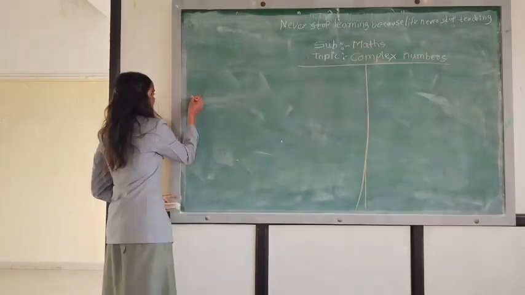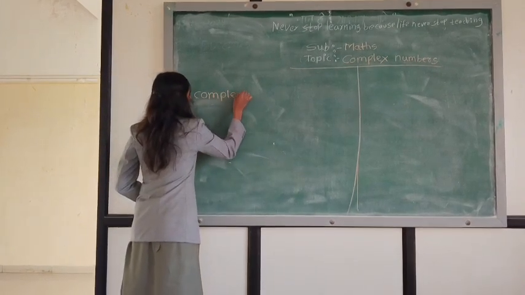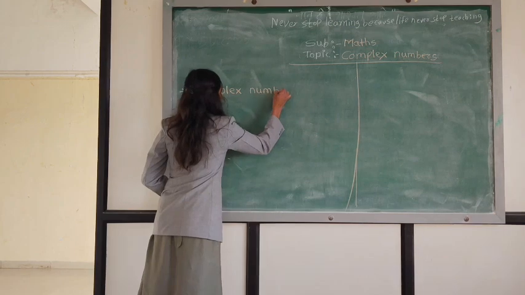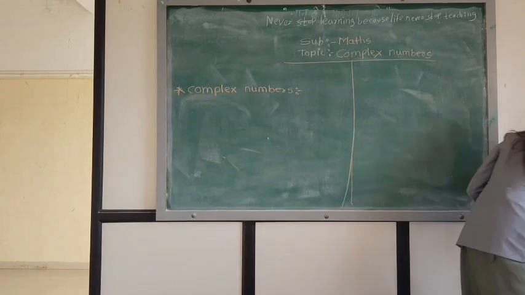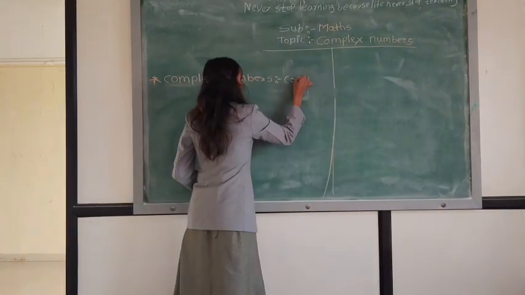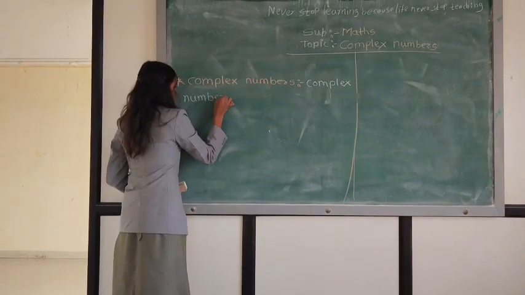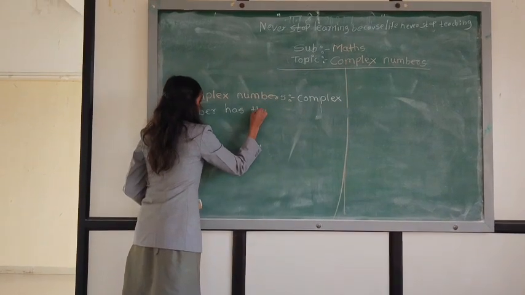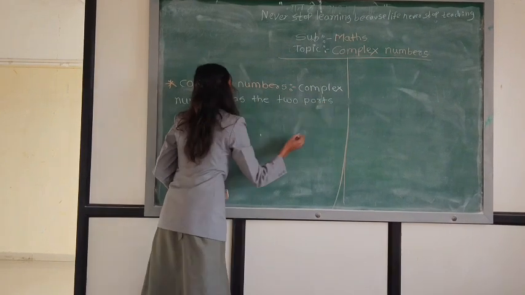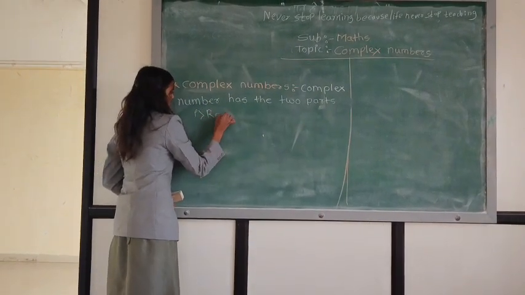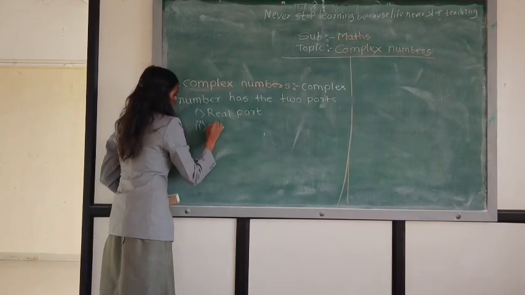So what is meant by complex number? A complex number has two parts. The first one is the real part and the second one is the imaginary part.